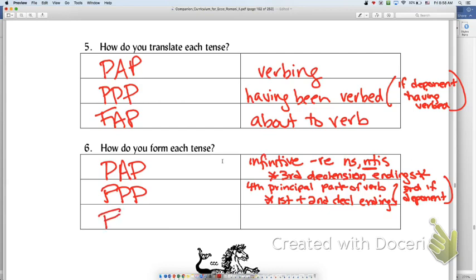Okay, then you got the FAP, which is the fourth principal part, or third if deponent. It takes more words to explain it than it does to do it. Plus UR plus declension endings.